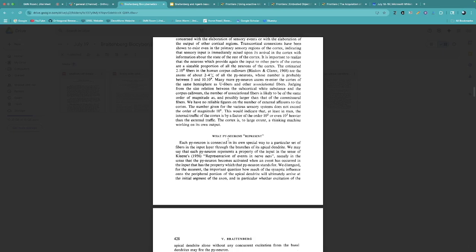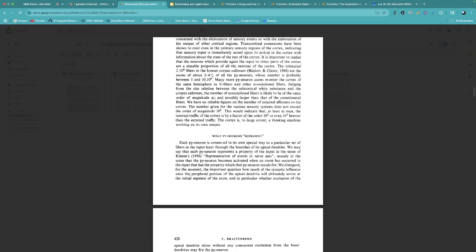This actually reflects a little bit on what pyramidal neurons represent. "So each pyramidal neuron is connected in its own special way to a particular set of fibers in the input layer through the branches of its apical dendrite. We may say that each pi neuron represents a property of the input in the sense of Klein's 1956 representation of events in nerve nets, namely in the sense that the pi neuron becomes activated when an event has occurred in the input that is the property of which the pi neuron stands for.